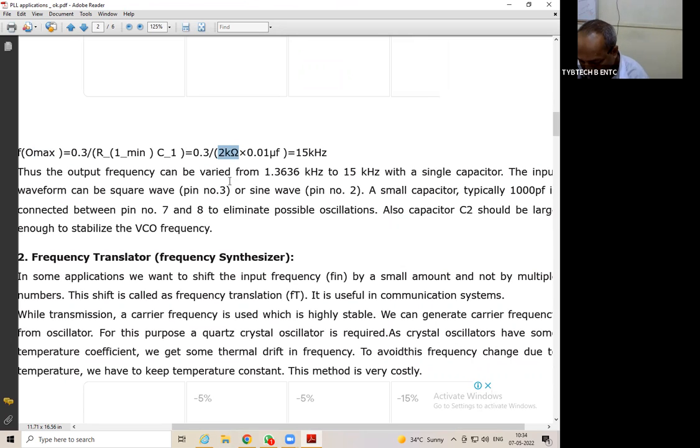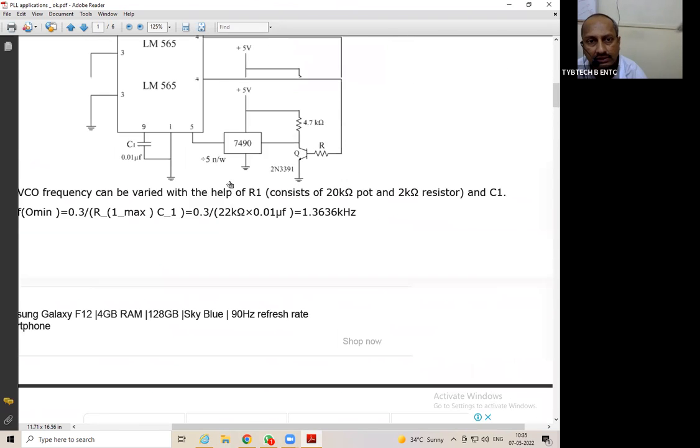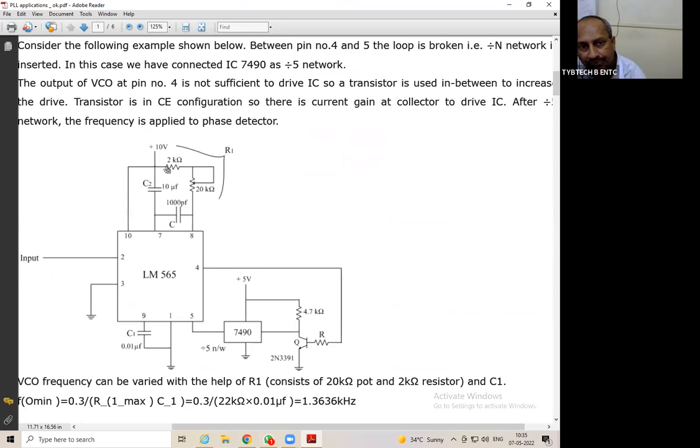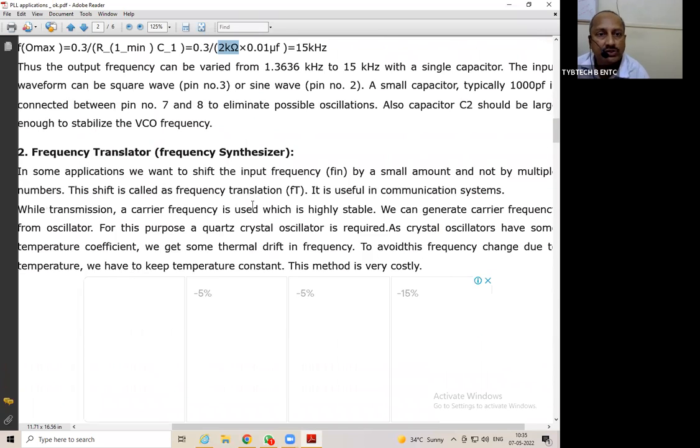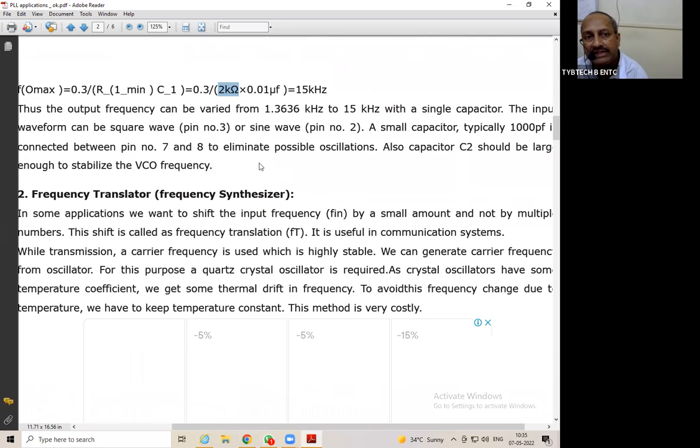For getting the maximum frequency, the minimum resistance is required, so here only 2K has been taken. Why not 0? They have taken 2K. In the diagram, you can see the 2K ohm is a fixed resistor and the 20K is a pot. So we can make this 0 or max. This is how the frequency can be varied.